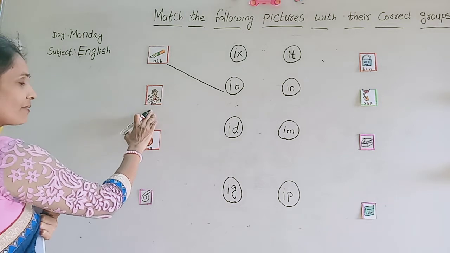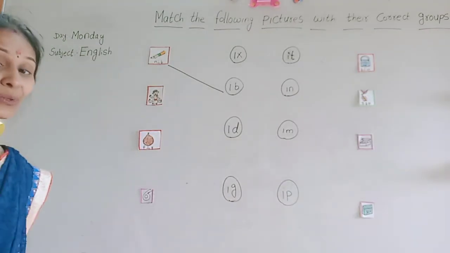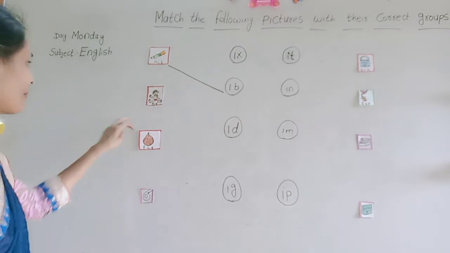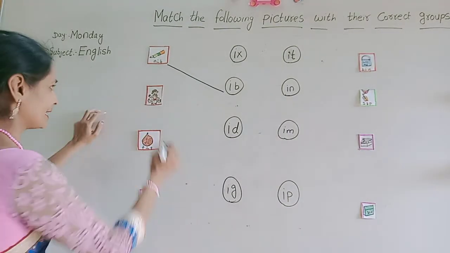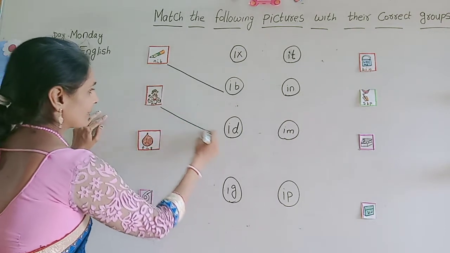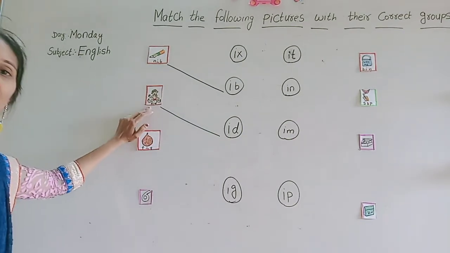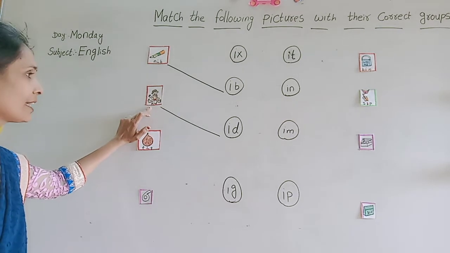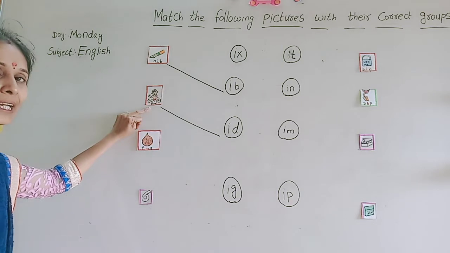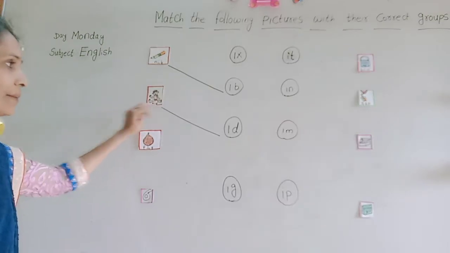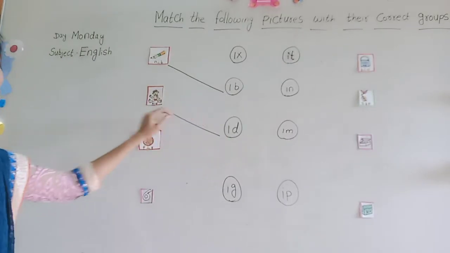What we have to do? We have to match with ID. Two letter word ID. If you write K in front of ID, it becomes KID, kid. The incomplete word will complete.